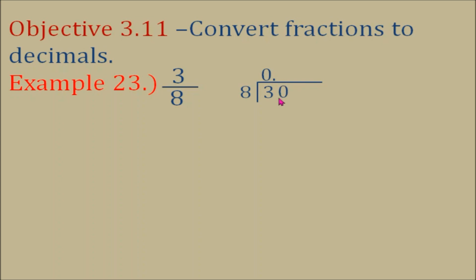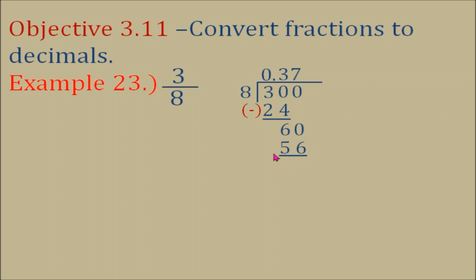So 30 divided by 8 is 3. 3 times 8 is 24. Then 30 minus 24 is 6. Then we can add another 0, and that becomes 60 divided by 8, and that's 7. 7 times 8 is 56.